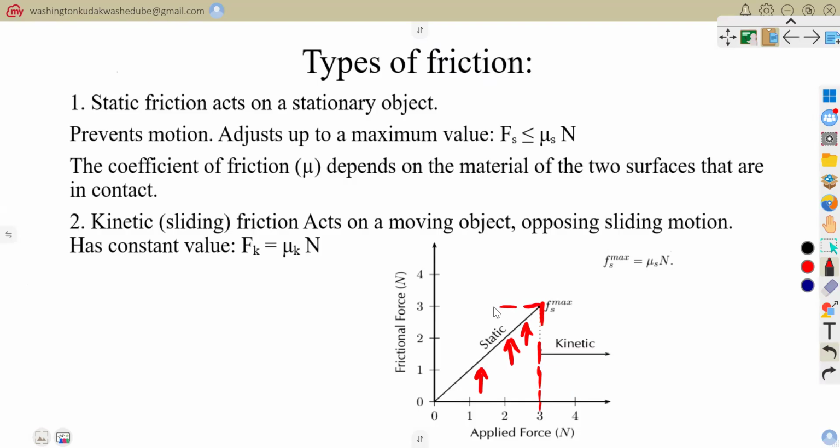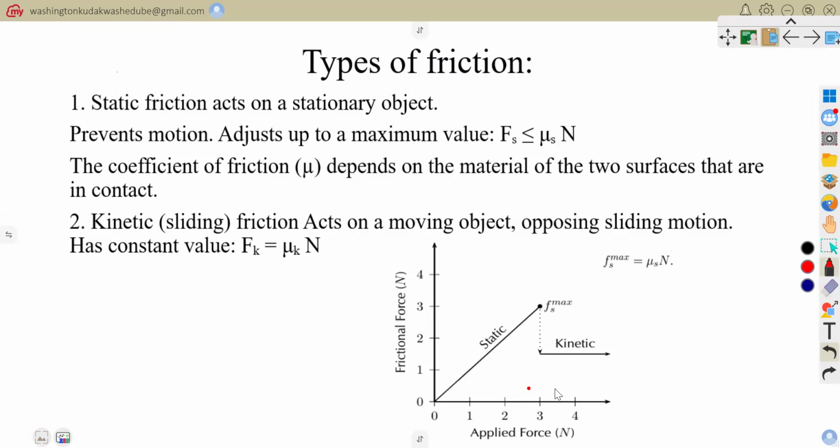So here is where we have reached our maximum value of static frictional force. At 3 Newton of applied force, we have a corresponding 3 Newton of maximum static frictional force.